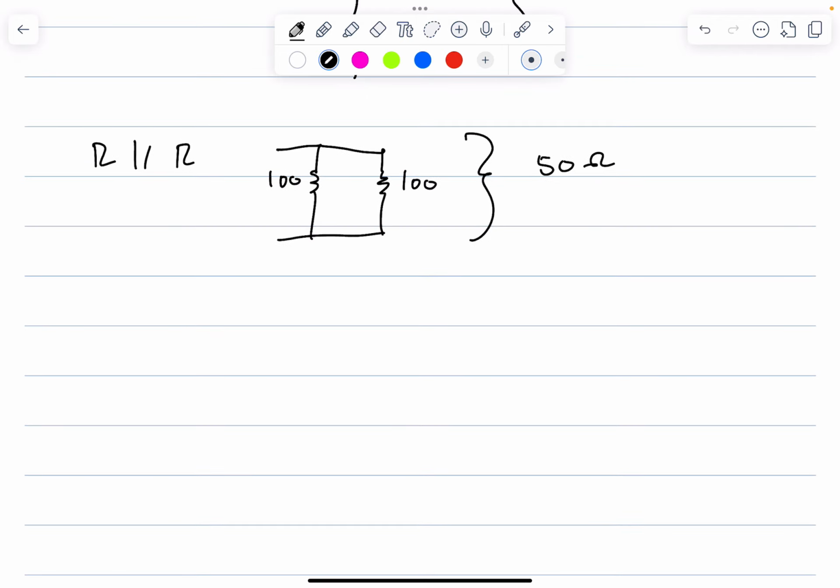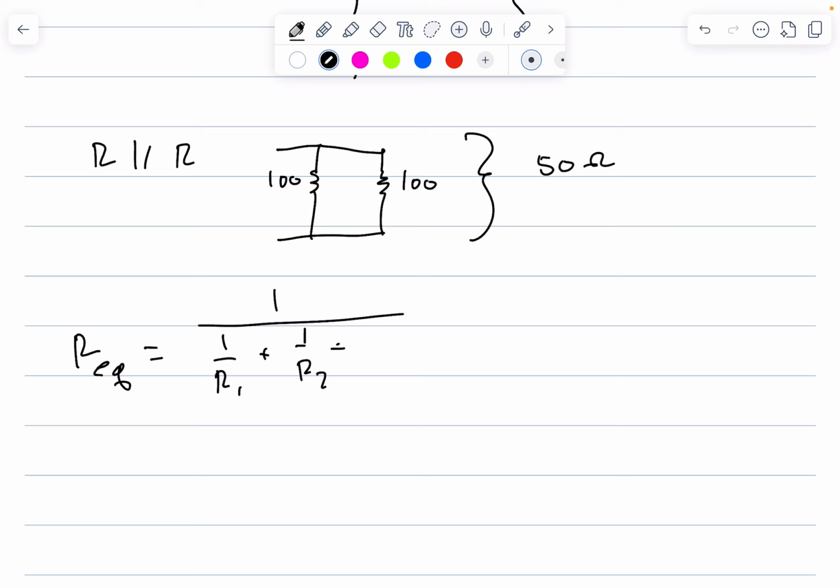Just so you know, the equation for resistors in parallel is R equivalent equals 1 over R1 plus 1 over R2 plus dot dot dot plus 1 over Rn for n number of resistors.